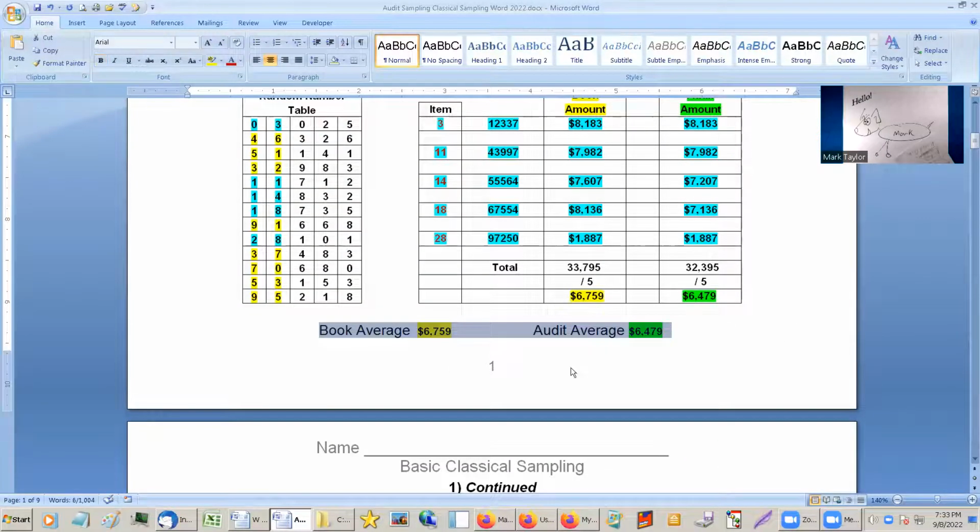So this is what we're going to use to split it up over the entire population.